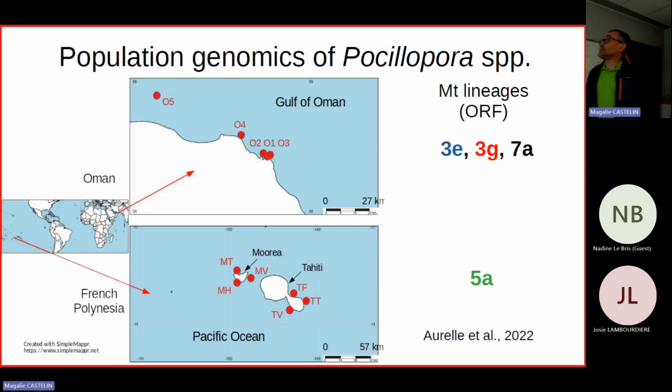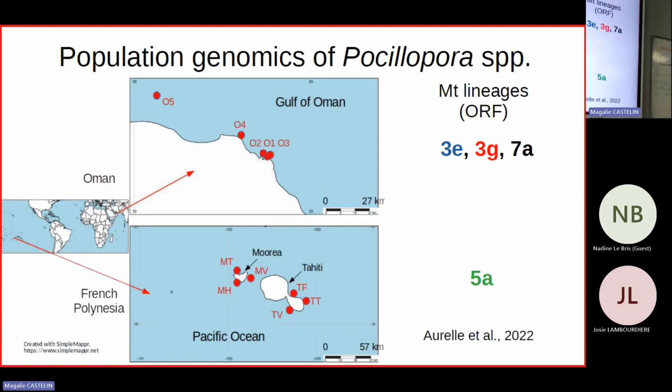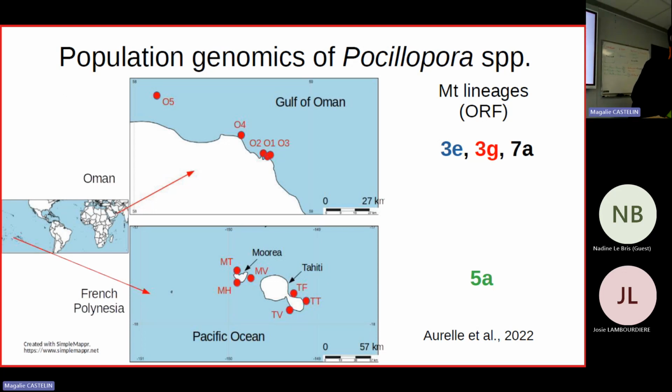So we did some analysis of the impact of clonality in the case of Pocillopora in a study where we used RAD sequencing, and we analyzed two sites. One in the Gulf of Oman, and the other one in French Polynesia. Strange sampling, by the way.